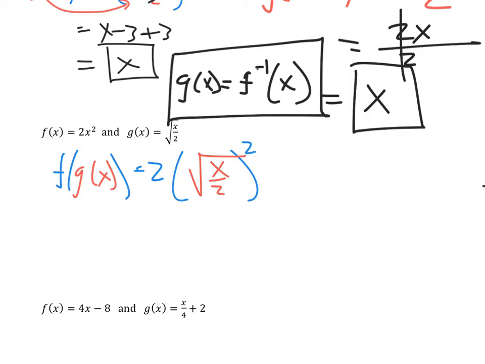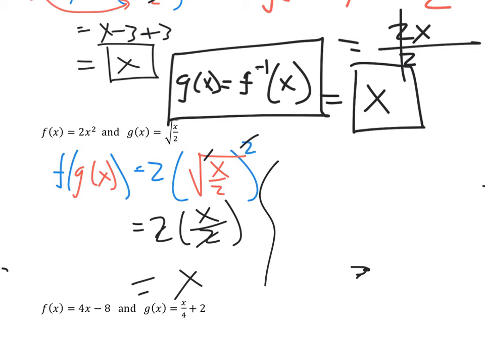Now we just clean this up. The squared is going to cancel out this square root here. And so we end up with 2 times x over 2. And those 2's cancel. That leaves you with x. And that's good. So when you put x in, compute g and then compute f, you just get x back out. Right? So they undo each other.